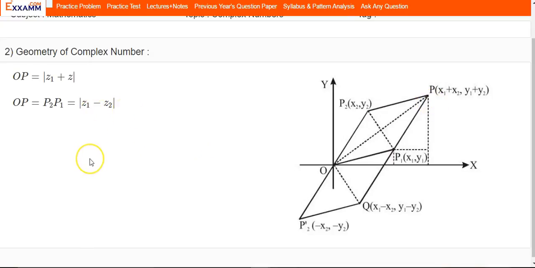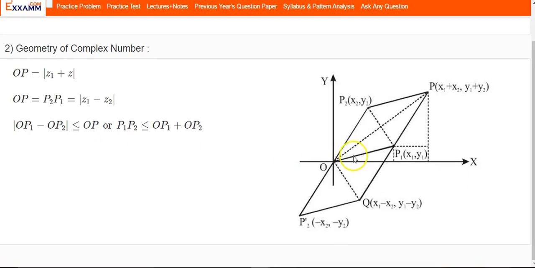Now let us consider the triangle inequality. We know that as per triangle inequality, the sum of two sides, that is OP1 and P1P, is always greater than or equal to the length of the third side, which is OP in this case. So OP1 plus OP2 would be greater than or equal to OP.